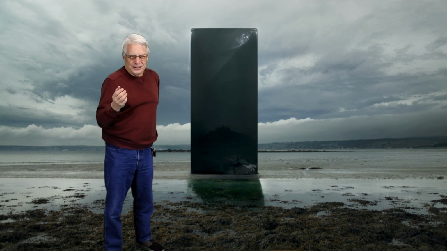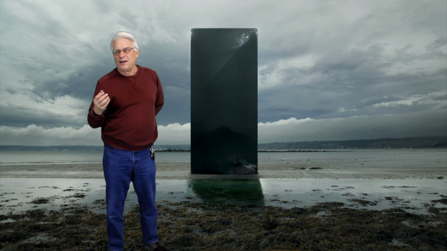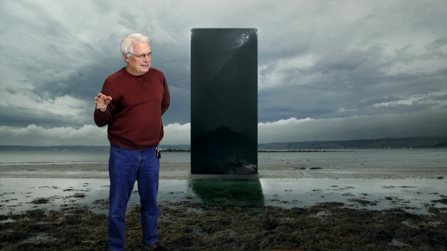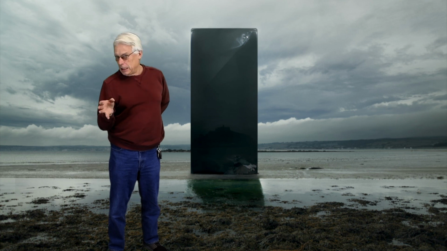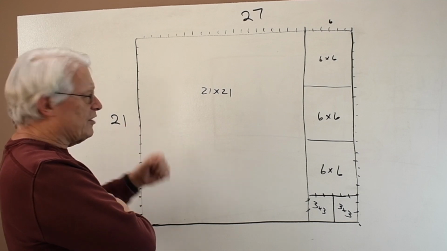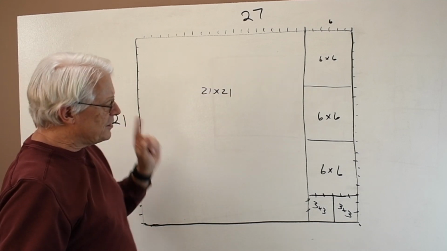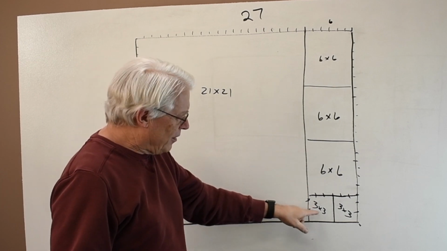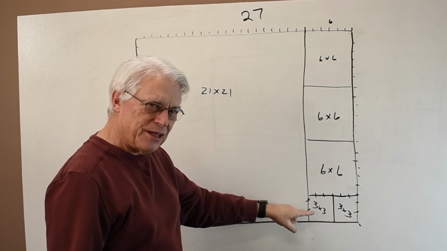Now remember, we started this by asking about some kind of replacement for 1. Something that was like 1, but was not actually 1. Now here is the 27 by 21 rectangle, and I've done all the work here, and you'll notice that the square that tiles this entire rectangle is a 3 by 3.